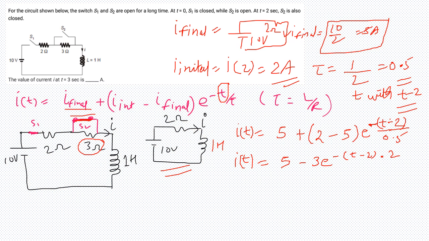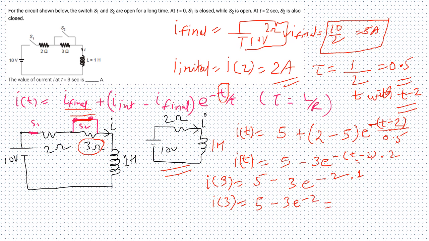Now you can find your current at t equals 3 easily. I at 3 is equal to 5 minus 3 e power minus (3 minus 2) times 2, because at t equals 3, 3 minus 2 is 1. So I at 3 seconds is simply 5 minus 3 e power minus 2.